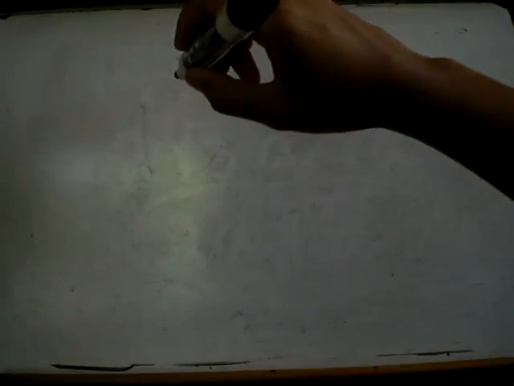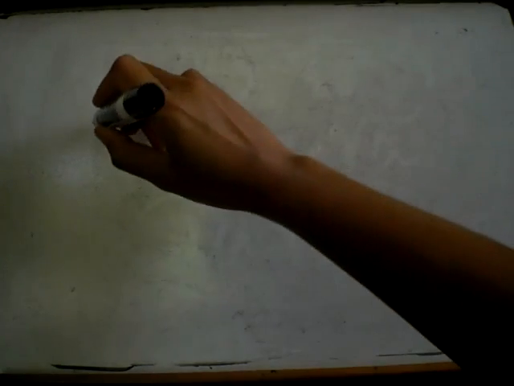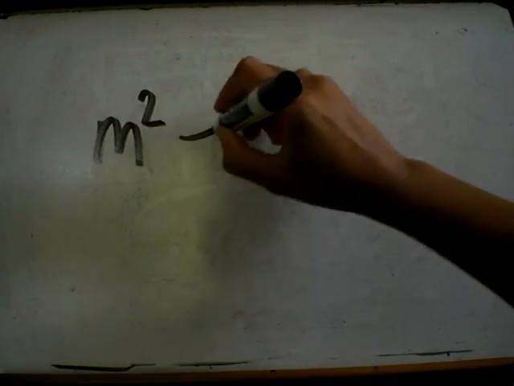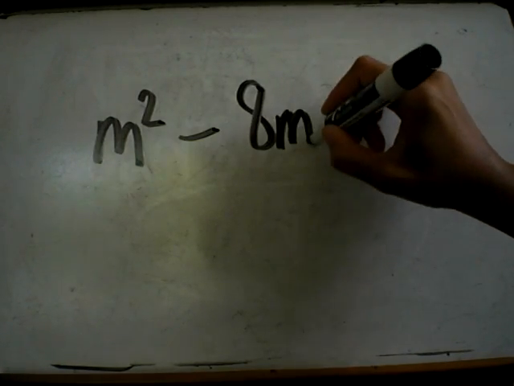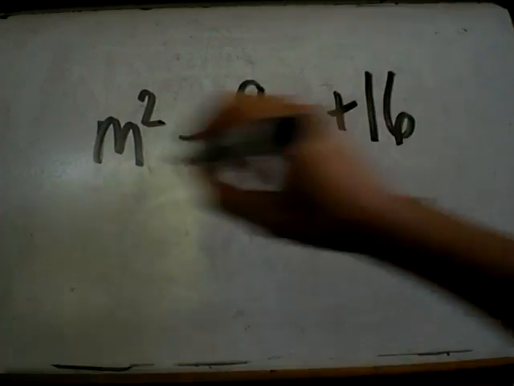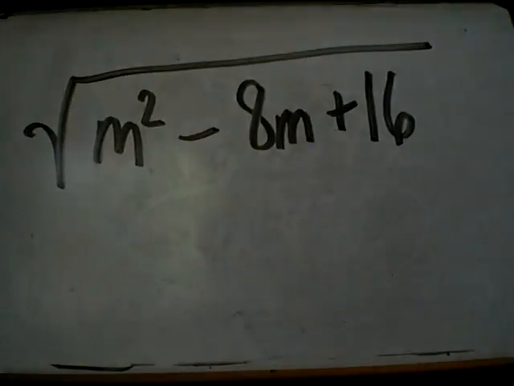Okay, let's say we want to simplify finding the square root of m to the second minus 8m plus 16. Okay, and just by looking at this trinomial, we know we can factor this, and we can factor it by using what I like to call reverse FOIL.